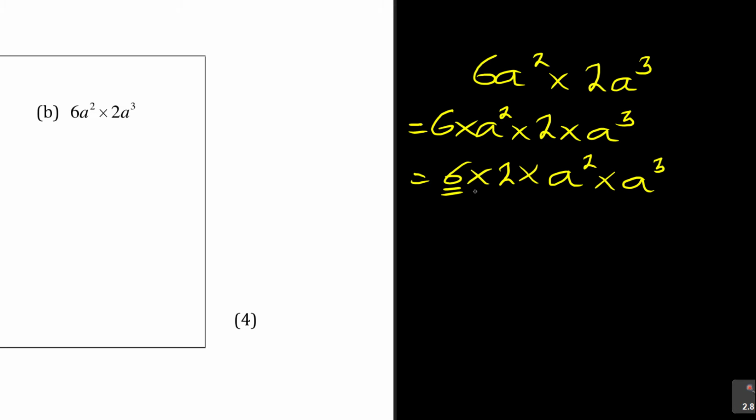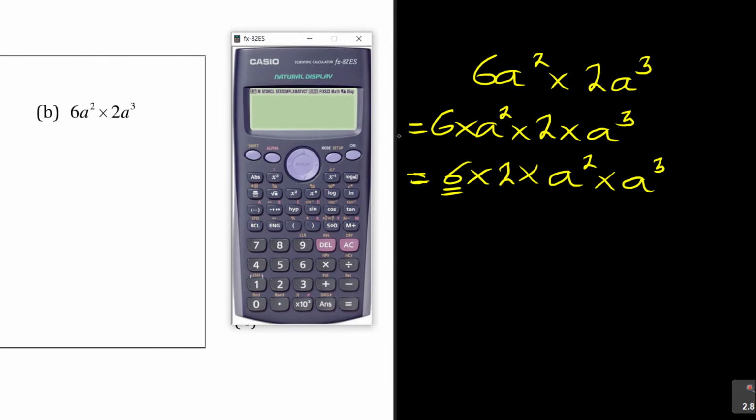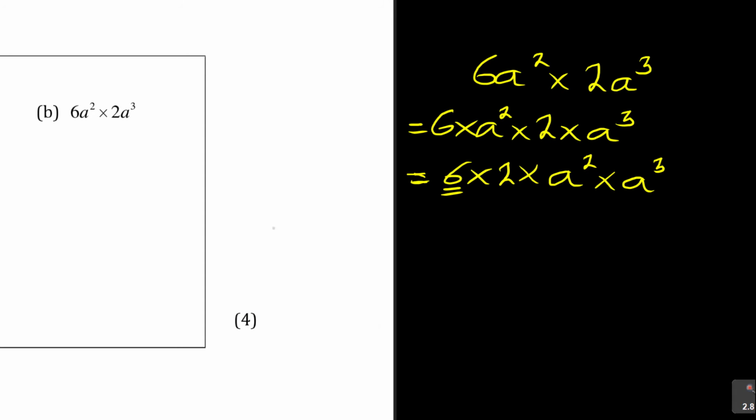It's fine to make 6, you know, in your calculator. Your calculator can express 6 as a product of its prime factors. So you say 6 equal to, then you say shift. In your calculator, on that button there is FACT. If you press it, it will express 6 as a product of prime factors.